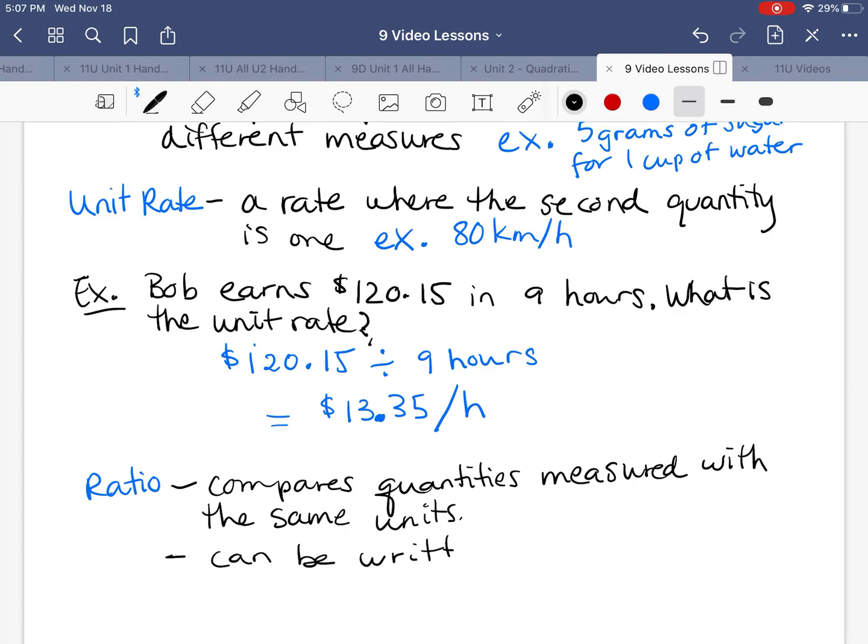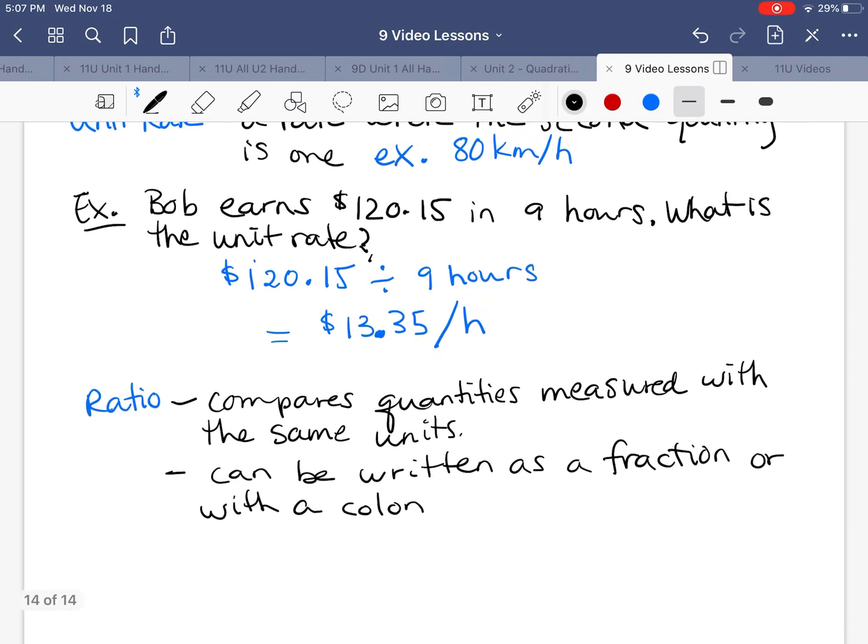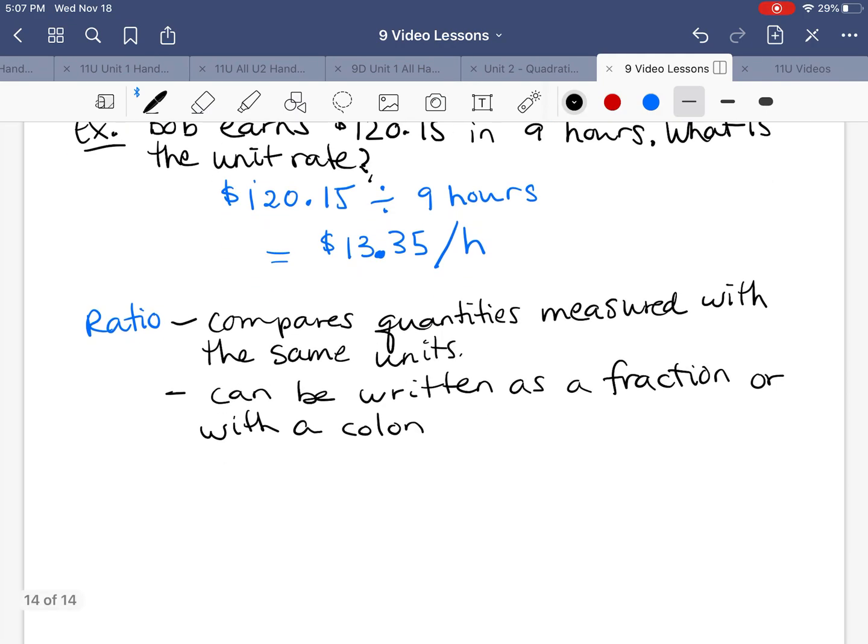Ratios can be written as a fraction, or with a colon. And this is what we mean. So for example, we can write 1 to 3 when comparing quantities, or we could write this as 1 over 3. And we always want to write in lowest terms for proper form.